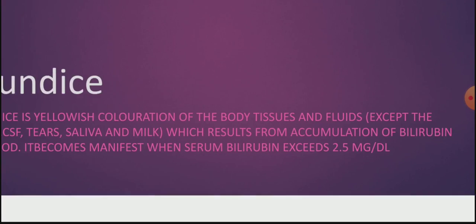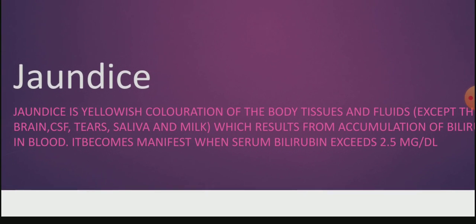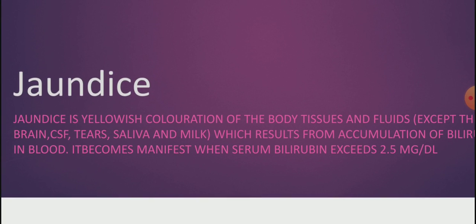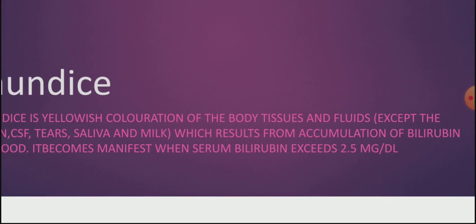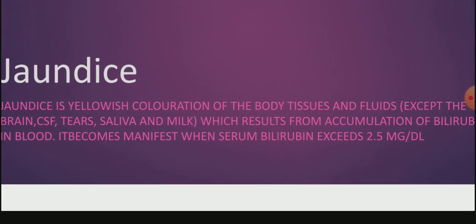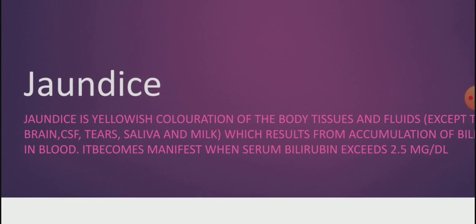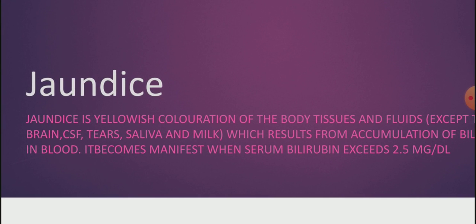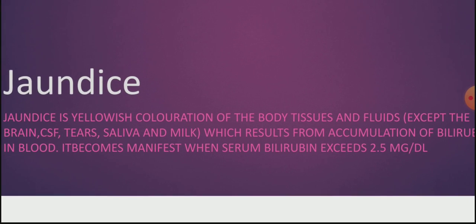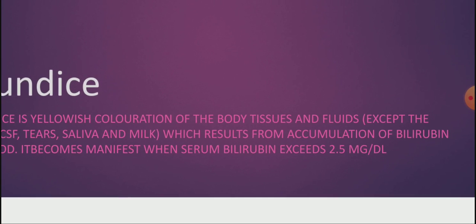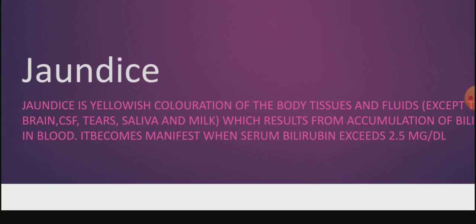Jaundice. Jaundice is a yellowish discoloration of the body tissues and fluids, except the brain, CSF, tears, saliva, and milk, which results from accumulation of bilirubin in the blood.